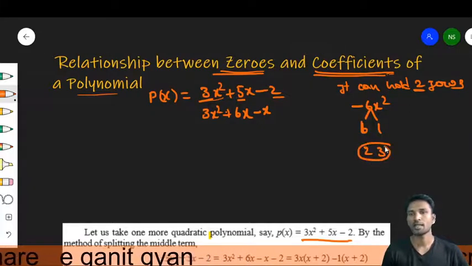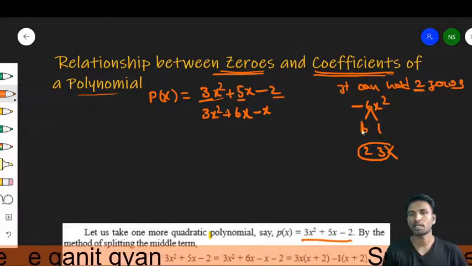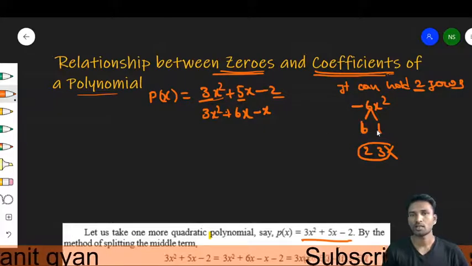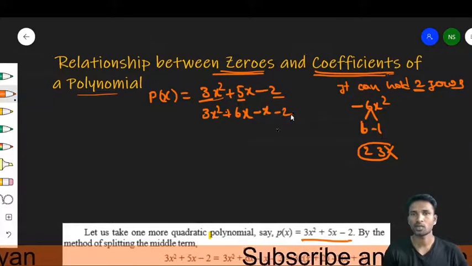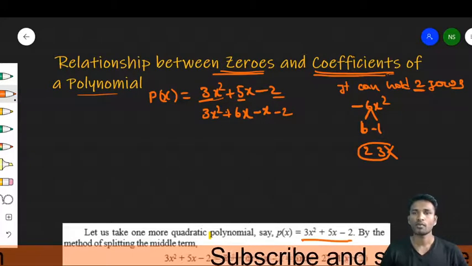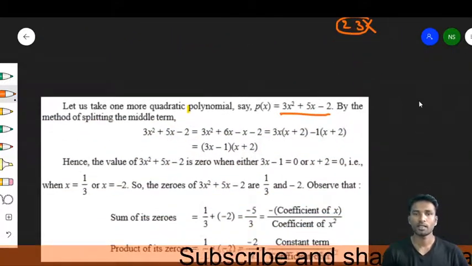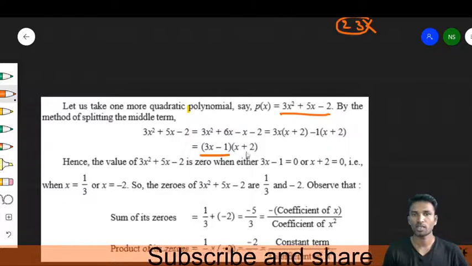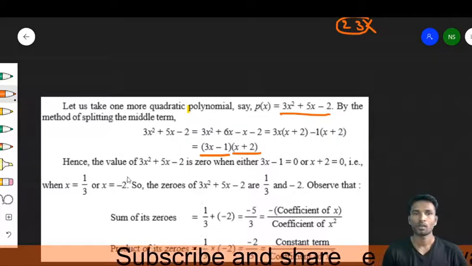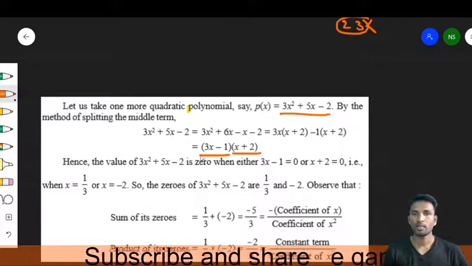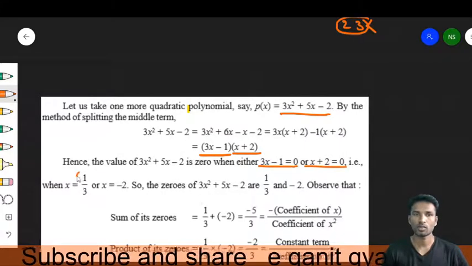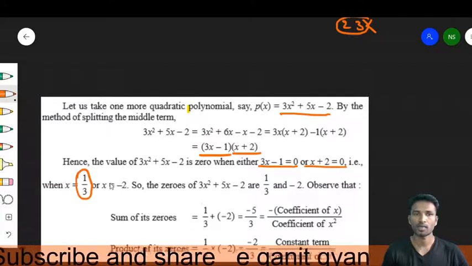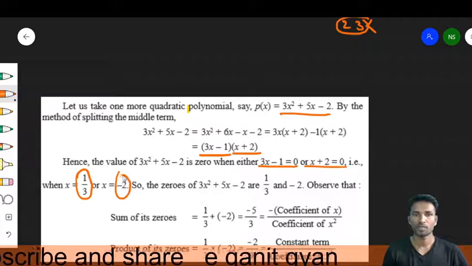Here if we add or subtract, we will not get the middle term, but if we subtract 6 and 1, we get the middle term coefficient. So I took plus 6x minus x minus 2. From this, we can factorize as 3x minus 1 and x plus 2. If we make these linear equations equal to 0, we get the zeros of that polynomial as 1 by 3 and minus 2.